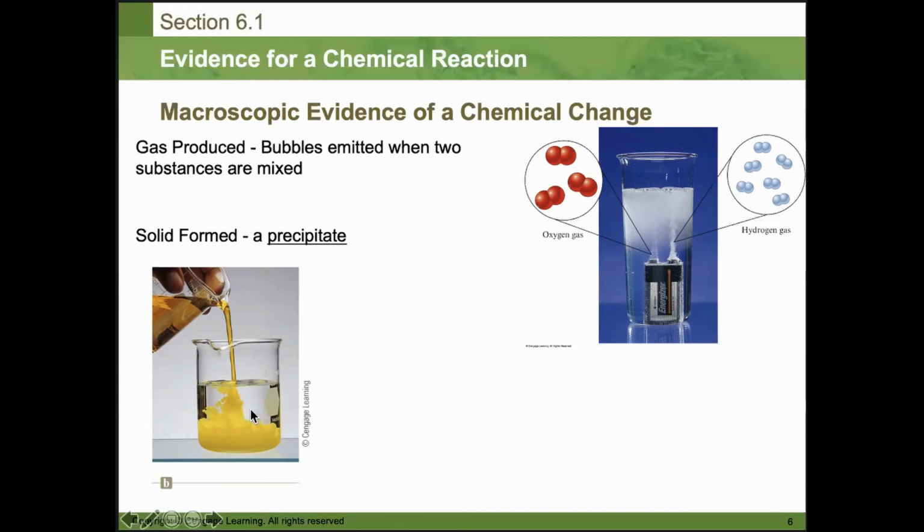If this was stirred up, you'd see it was a cloudy solution, but if you let it sit, that precipitate that forms will settle down to the bottom. So those are solid particles; we've created some new compound. And I wanted to point that out here too. You're creating a new compound. You're taking water, and from the water itself, you're creating two kinds of gases, hydrogen gas and oxygen gas. So, new compound, totally new and different properties.